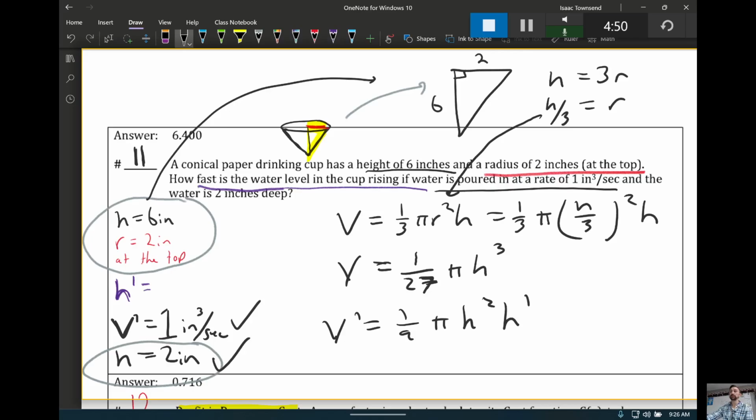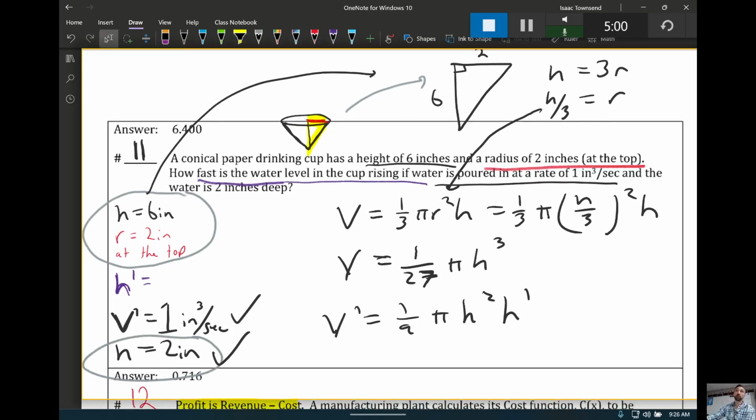But if you don't eliminate a variable, if you don't eliminate the r, your derivative after product rule is going to be asking for information you don't have and you don't have a way of getting. So this is the only way to move forward. So that's a 1. This is a 2.